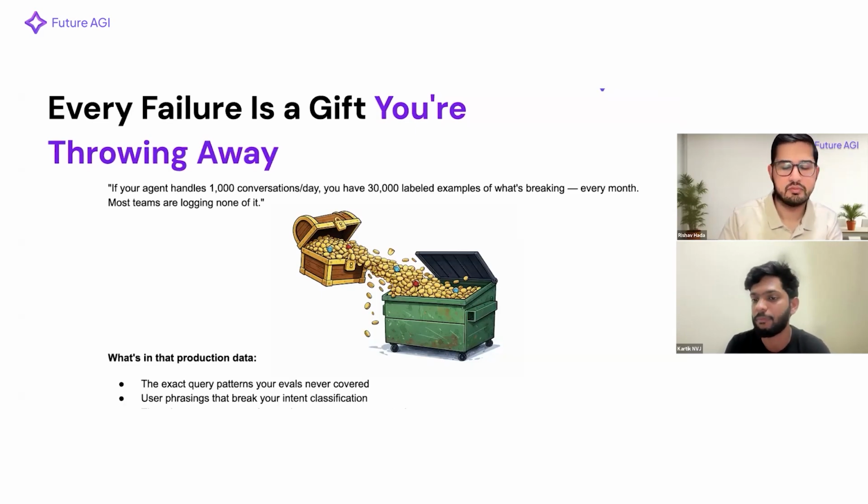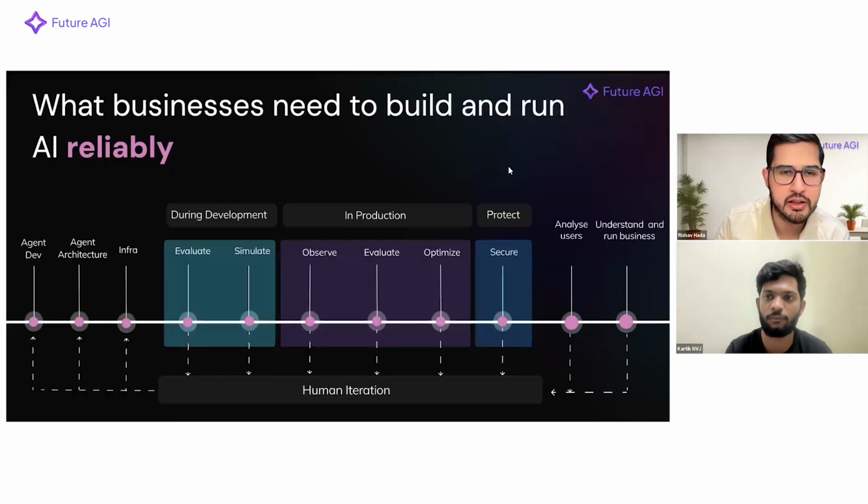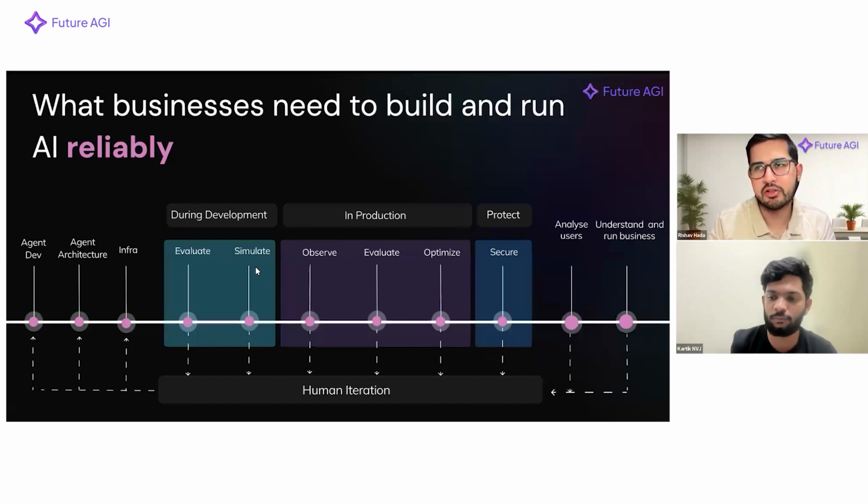Now, what businesses need to build AI reliably, and I had spoken about this in our previous webinar as well. In the last webinar, we focused on the development phase, where I mentioned that businesses need to come up with robust evaluation frameworks. They need to define the key performance indicators for their business.